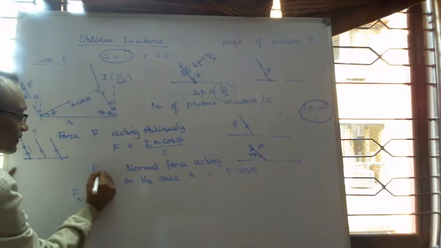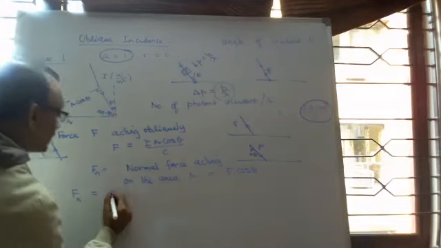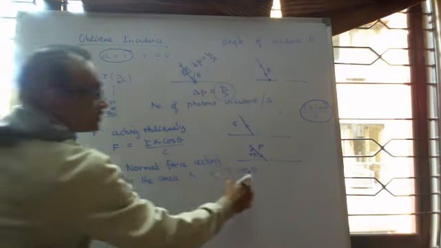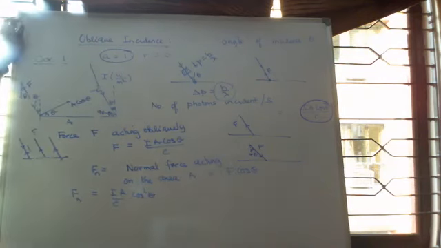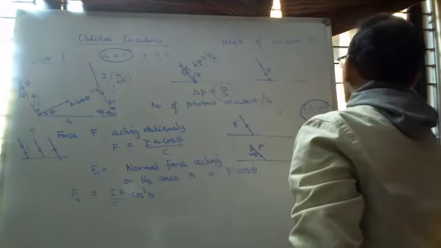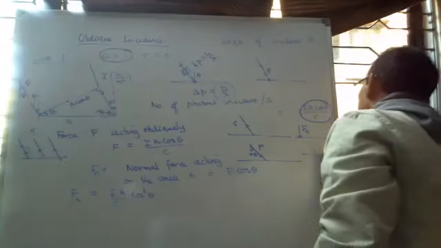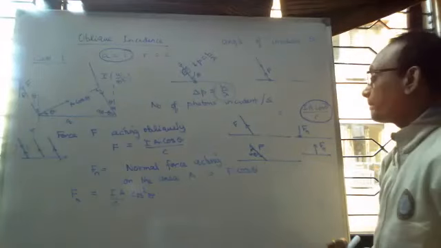Fn, which is F, which we found to be IA by C cos theta into cos theta, so cos square theta, right? That's the normal force acting on this surface, the normal force that the photons are exerting. Therefore, the surface will exert on the photons an equal and opposite normal force Fn, right?